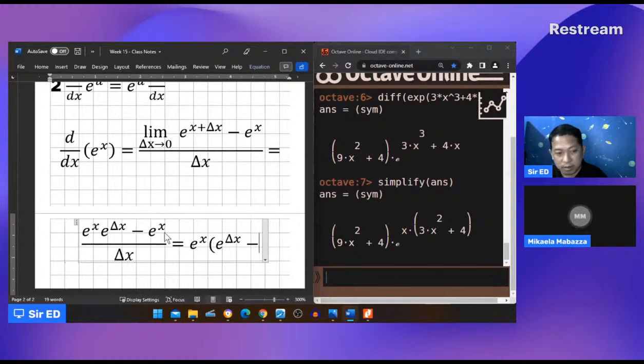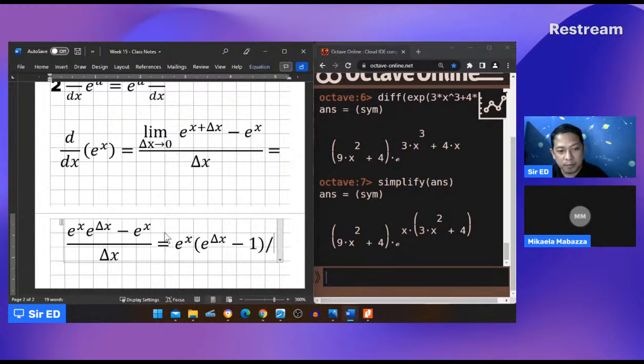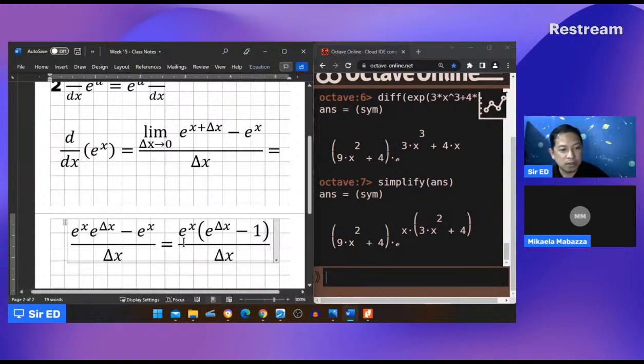Yan ngayon ang dapat mo makuha, yung limit nito. Obviously, the limit of e raised to delta x minus 1 over delta x is equal to 1. Mapuprove mo yan in some other case. You could prove that, but we don't have much time in showing that. This just to show that this one would lead to its equivalent equal to 1. So magiging e raised to x na lang talaga siya.